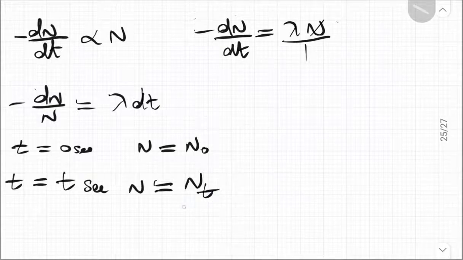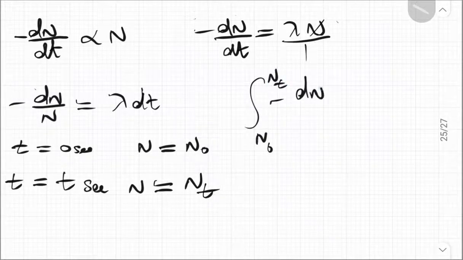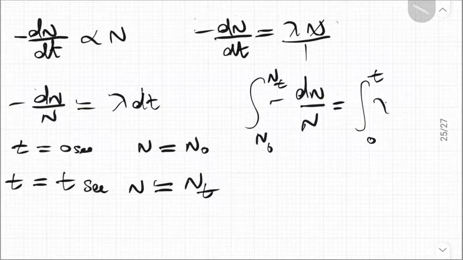So we want to integrate this. So we have the integral from n0 to nt of negative dn over n equal to the integral from 0 to t of lambda dt. Okay.